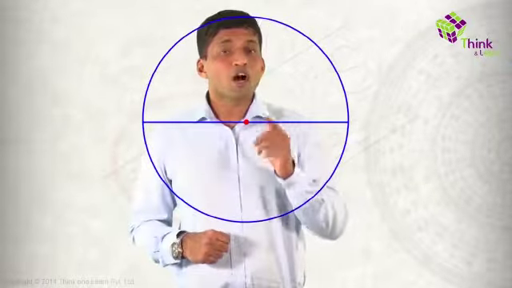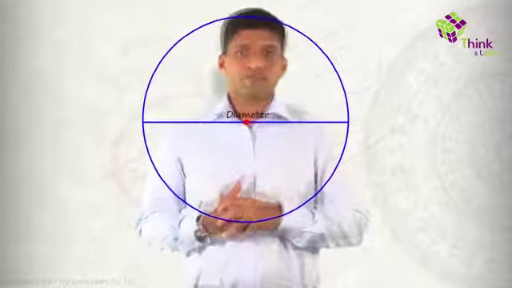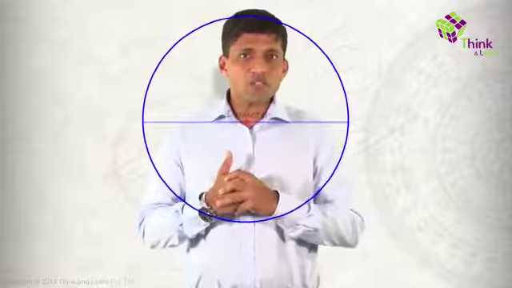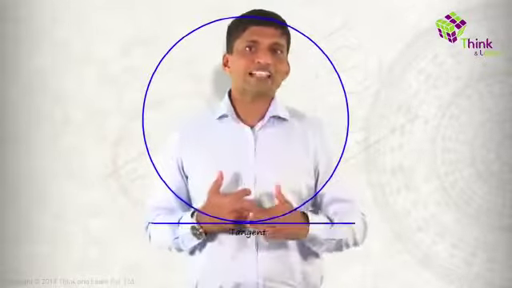Now if I push this up further, where it's passing through the center, where the chord is taking its maximum length, it's called a diameter. So these are very simple terms. You know what a chord is, what a diameter is, what a tangent is. Basically, the diameter is the longest chord and it will be equal to 2 times the radius.